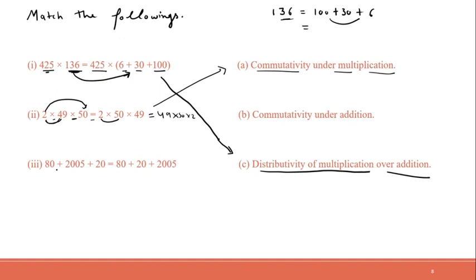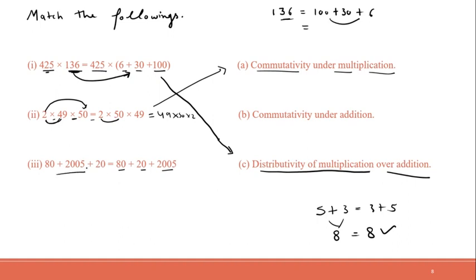Now here I have 80 plus 2005 plus 20. In addition, I can also write it as 80 plus 20 plus 2005. Will it make any difference? No, because no matter if I write 5 plus 3 or 3 plus 5, both will give the answer 8, right? So we can write it in any order we want.